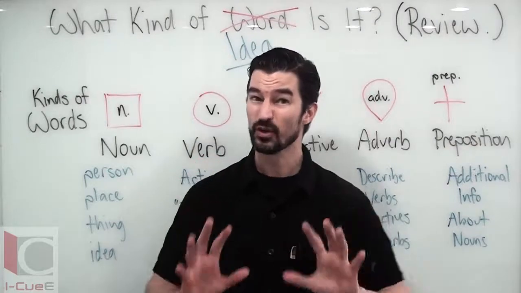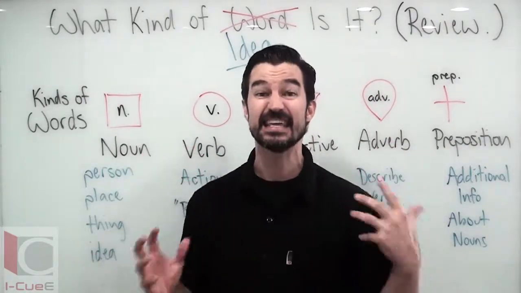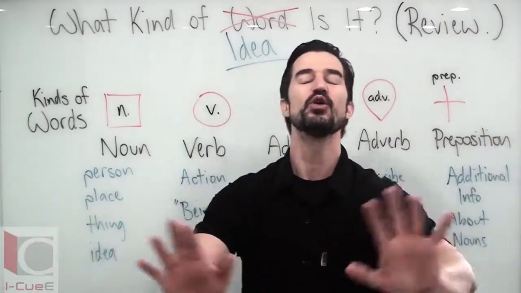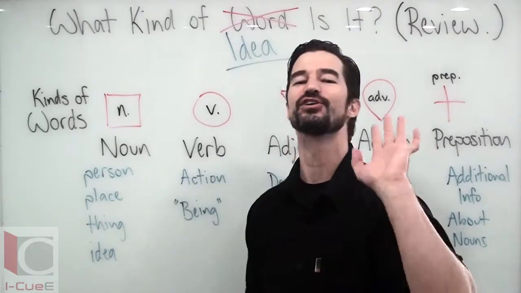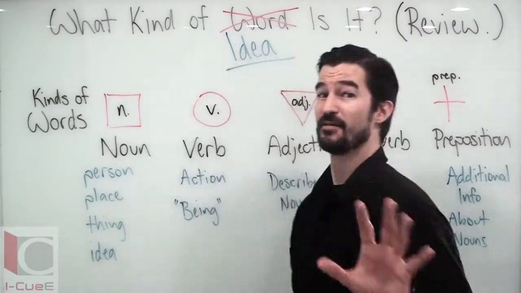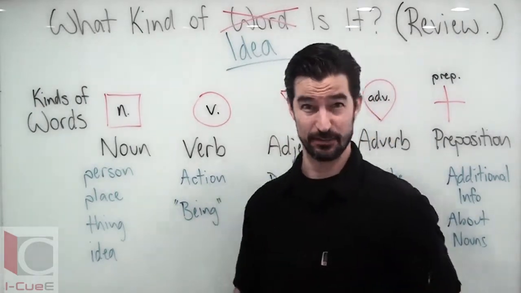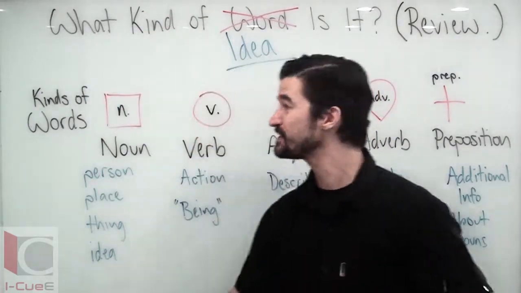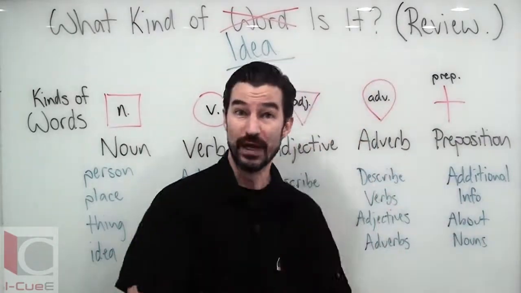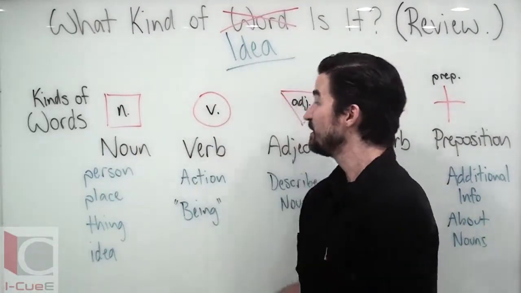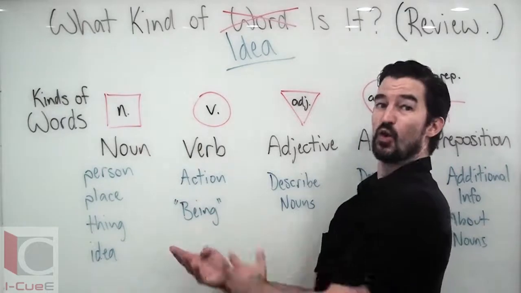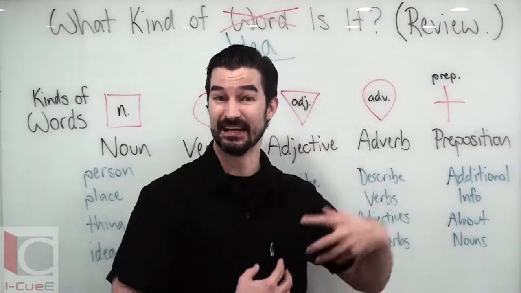There are a total of 12 tenses in the English language. You don't need to know all of them yet. You'll learn them later, okay? But for now, just know 2 basic kinds of verbs. Action verbs, where your noun is doing something, and being verbs, where your noun is being something.